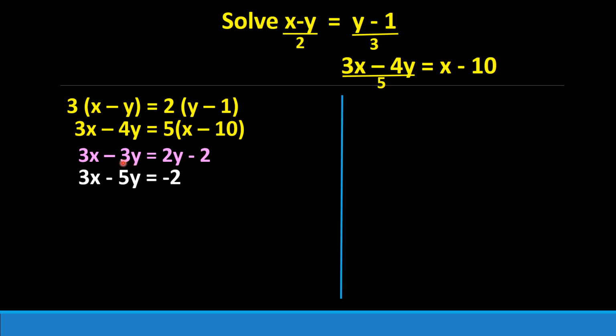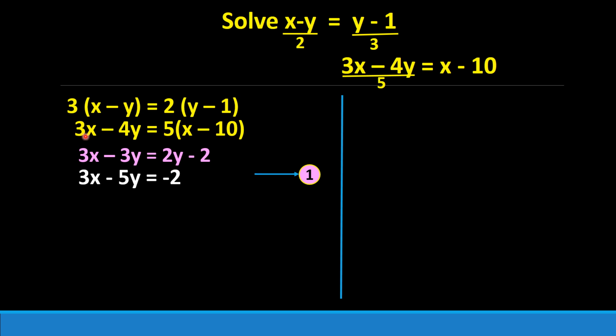So that will be 3x minus 3y minus 2y is equal to minus 2. So minus 3y minus 2y will be minus 5y. So 3x minus 5y is equal to minus 2. So that is our first equation.